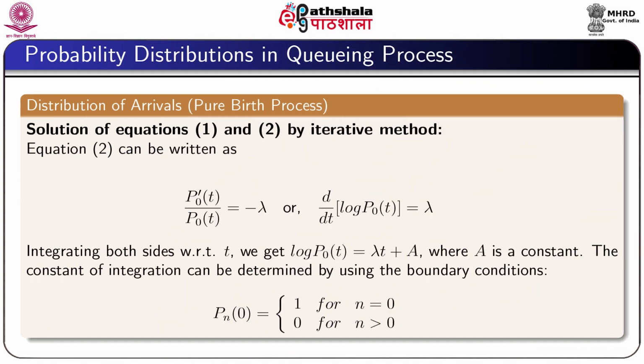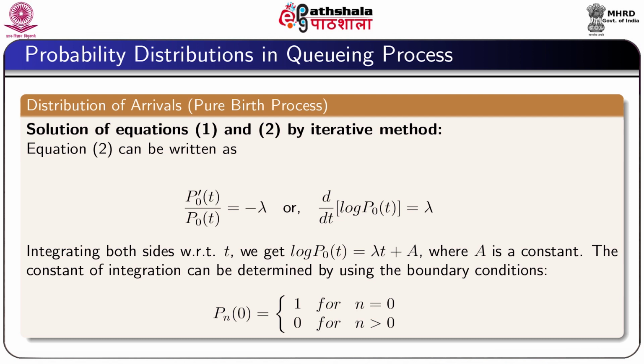Equation 2 can be written as P0'(t) by P0(t) equal to minus λ, which again can be written d/dt of log P0(t) equal to minus λ. Integrating both sides with respect to t, we get log P0(t) equal to minus λt plus a, where a is the constant of integration.